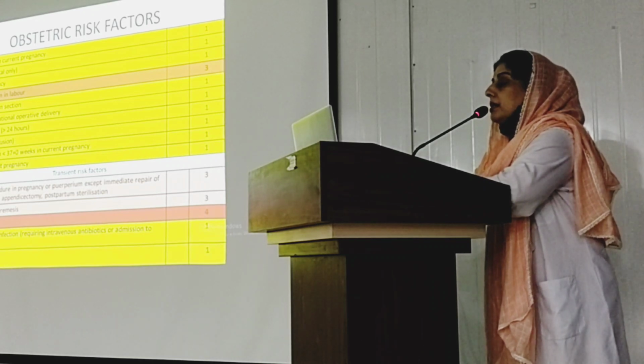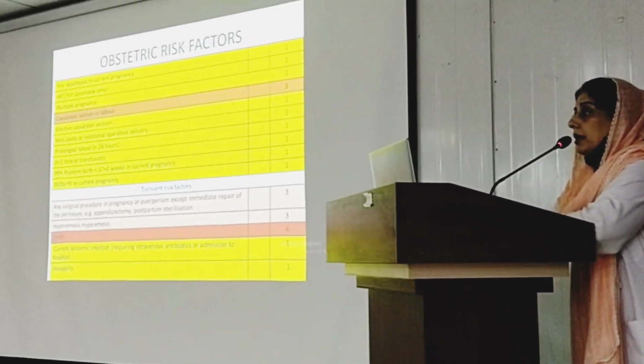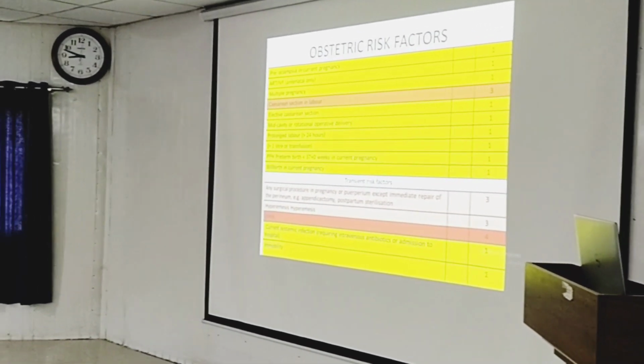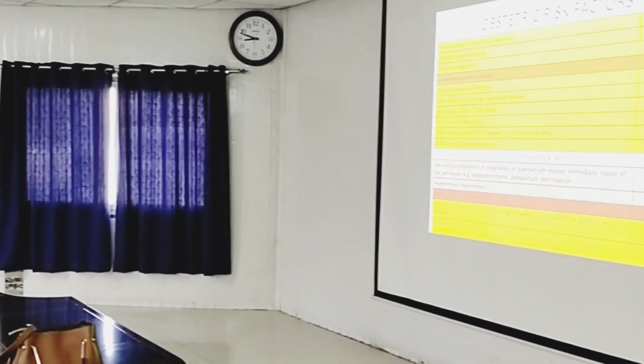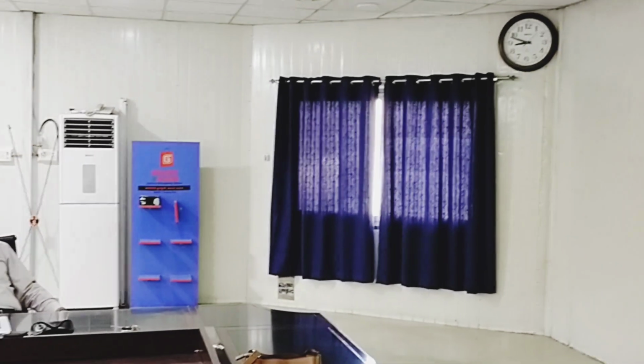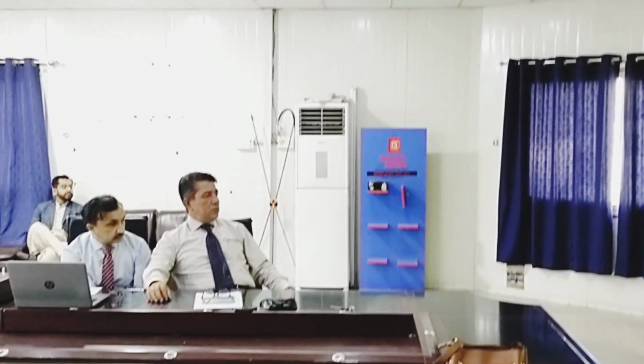Hyperemesis or dehydration, and ovarian hyperstimulation syndrome, is also given 4 marks. If a patient comes with high risk, high number ovarian hyperstimulation, she should be started with the prophylaxis in the pregnancy. Current systemic infections or immobility is also given number accordingly.